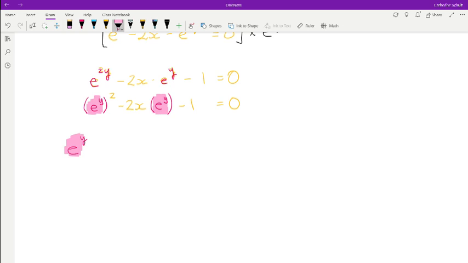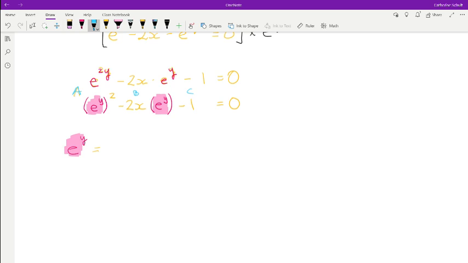So we're going to use the quadratic formula on this, where the pink highlighted part is our variable, and all the stuff in yellow is the coefficients. Okay, so let's see. In our quadratics, we have A, B, C. I'll do blue. So A is 1, B is negative 2x, C is negative 1.